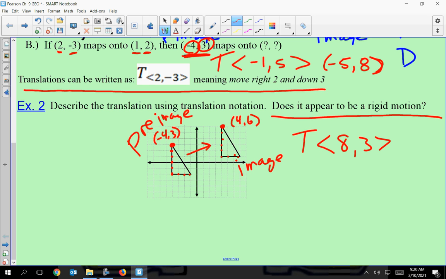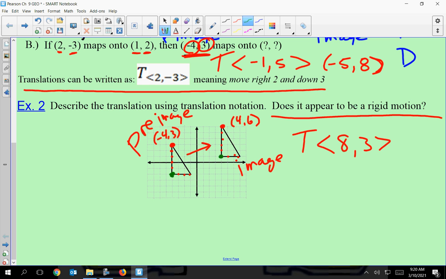Okay, well, that would then let me take that and go ahead and find this corresponding point and that corresponding point. I should be able to go 8 in the positive x direction, then up 3 in the positive y direction, and get me from this point to that point. And I believe that's going to be correct.